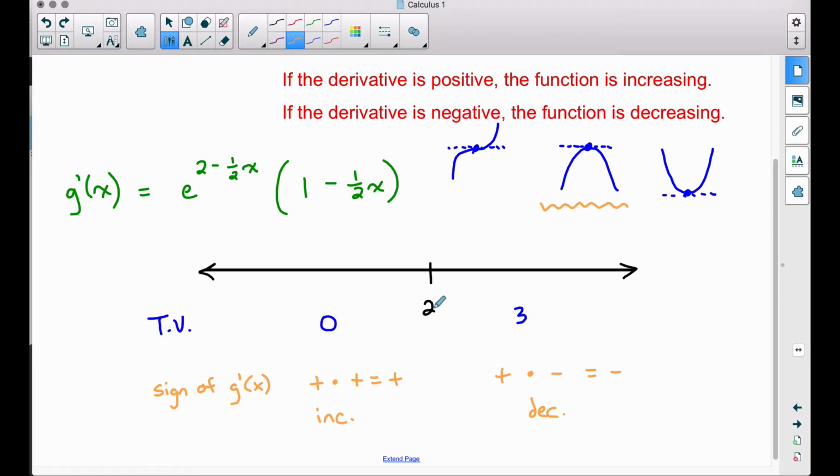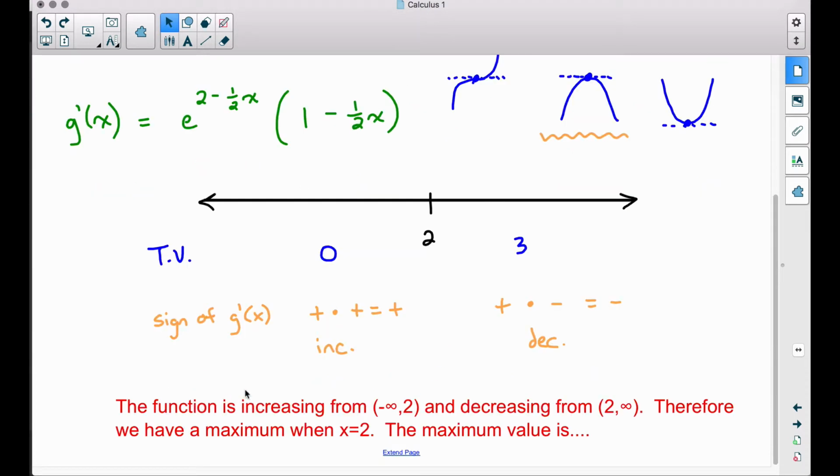We're going to verify this on a graph in a moment, but let's go ahead and find that maximum right now. To recap one more time before we find this maximum value, the function is increasing from negative infinity to 2. That's what we said right here when we picked this test value. So from negative infinity to 2, the function is increasing, and then from 2 to infinity, the function is decreasing.